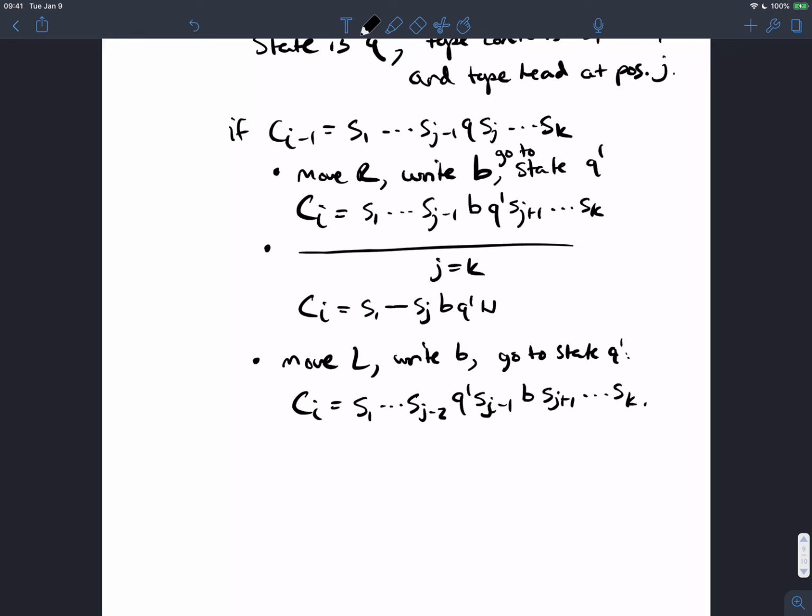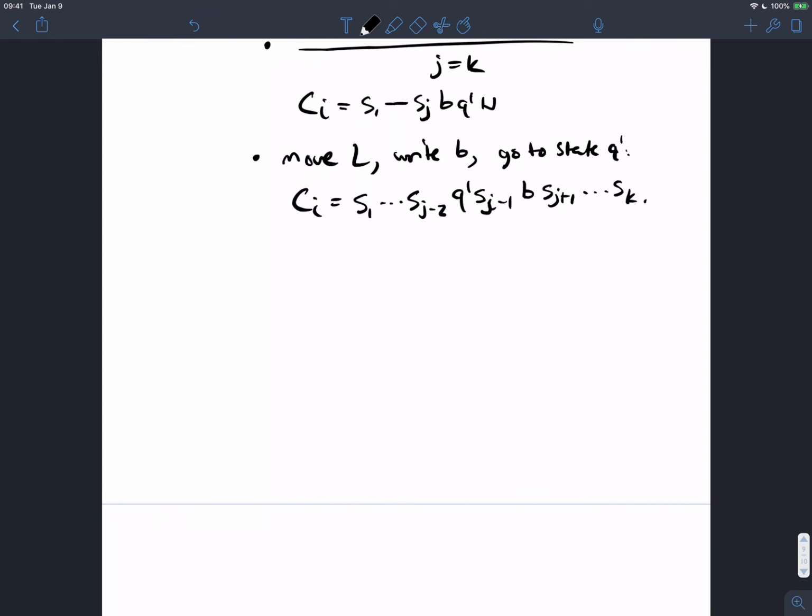That's all we're doing. And then we say a computation is accepting if the last configuration, CS, contains Q accept.